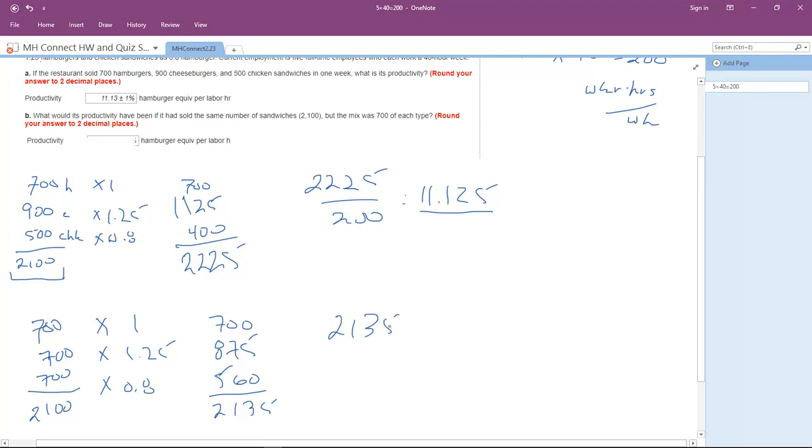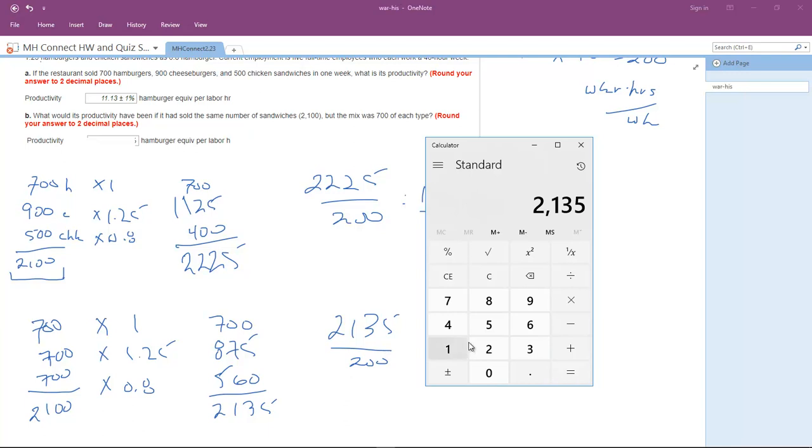But if we take 2135 and divide that by 200, let's do that number really quick. I don't think that came out right. I think I might have done that wrong. Over 200. 10.675.